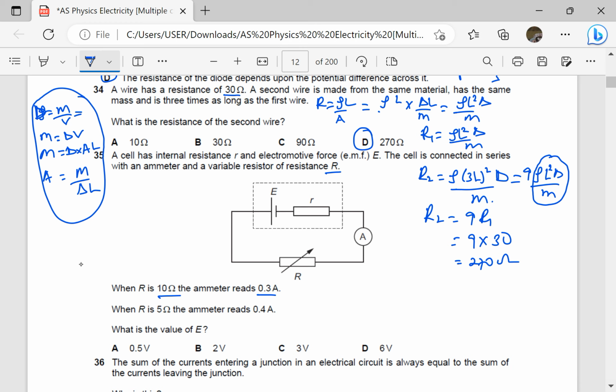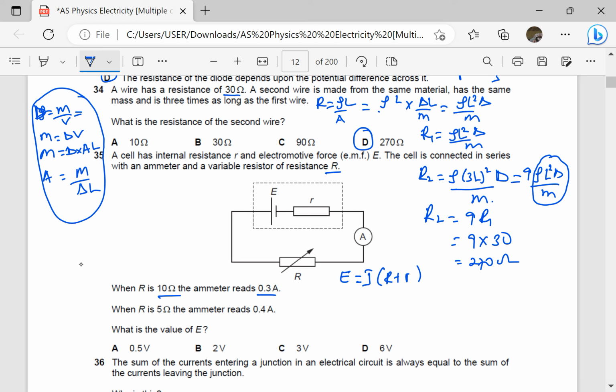So note that the EMF is always going to be the same. So we are going to come up with a few equations here. The EMF, remember, is equal to I into R plus small r. The EMF is not going to change here.